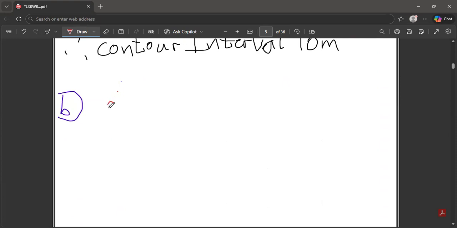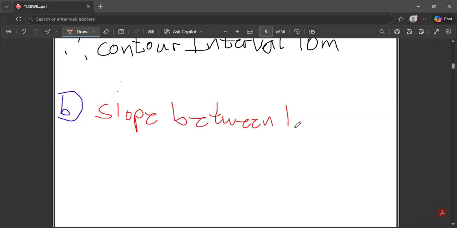The slope, we're actually calculating for the slope between the 2 points.